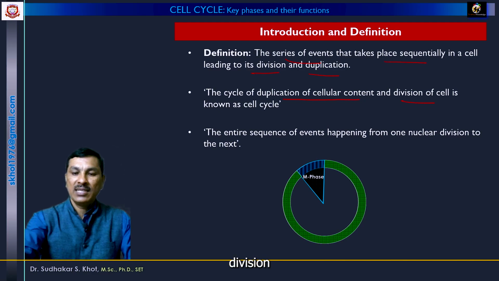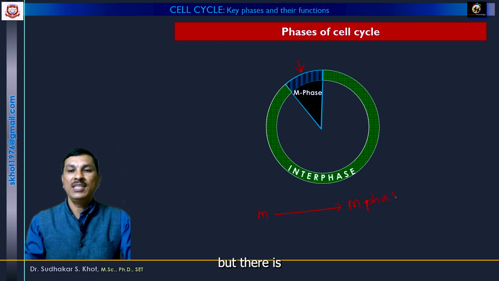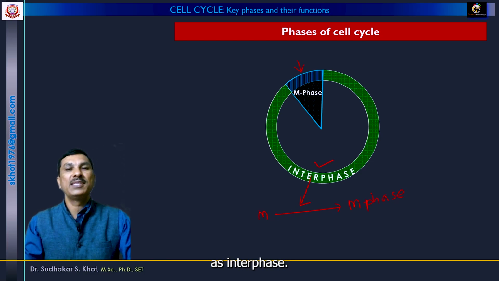So cell division is the key phase in the cell cycle which results in addition of new cells. This phase is M phase, the cell division phase. One M phase enters into the next M phase, but there is a long phase in between these two successive M phases. And this phase, which is present in between two successive cell divisions, is called interphase.